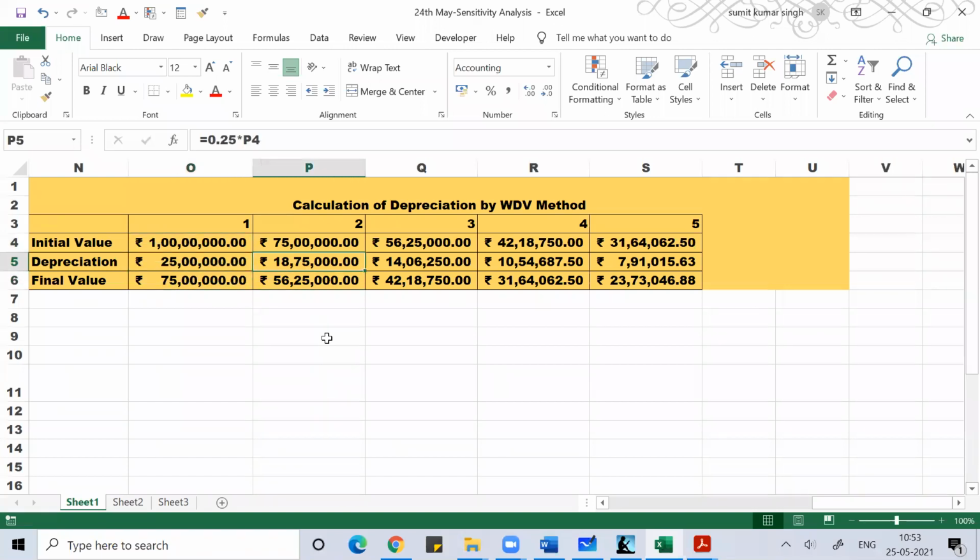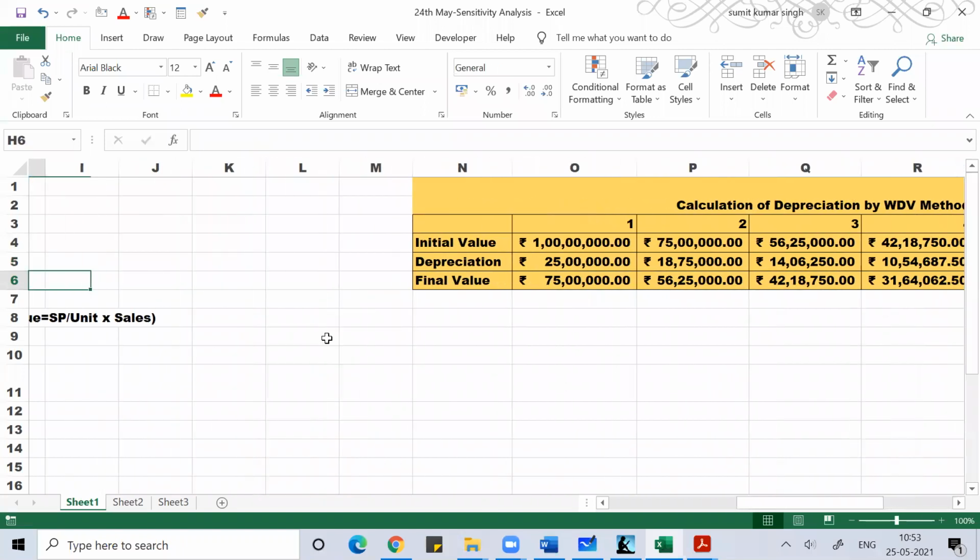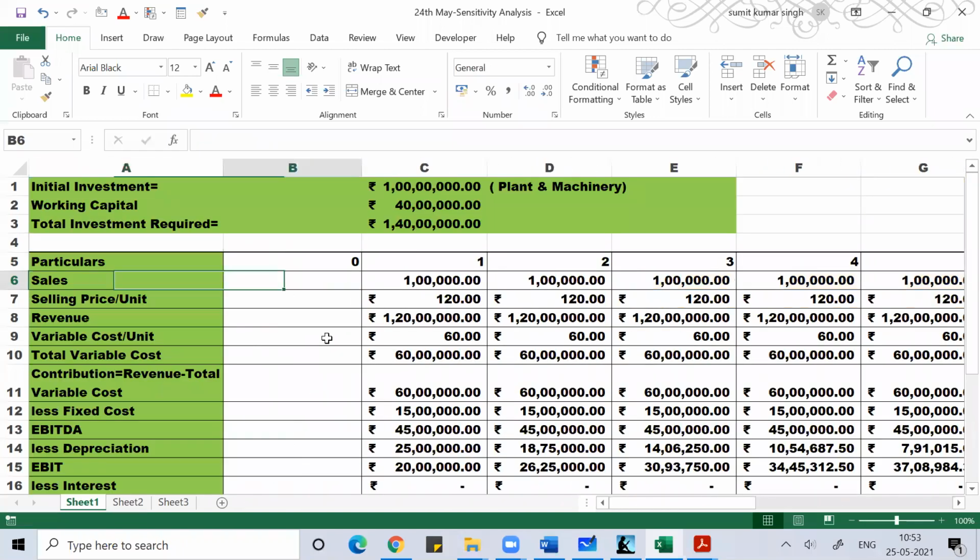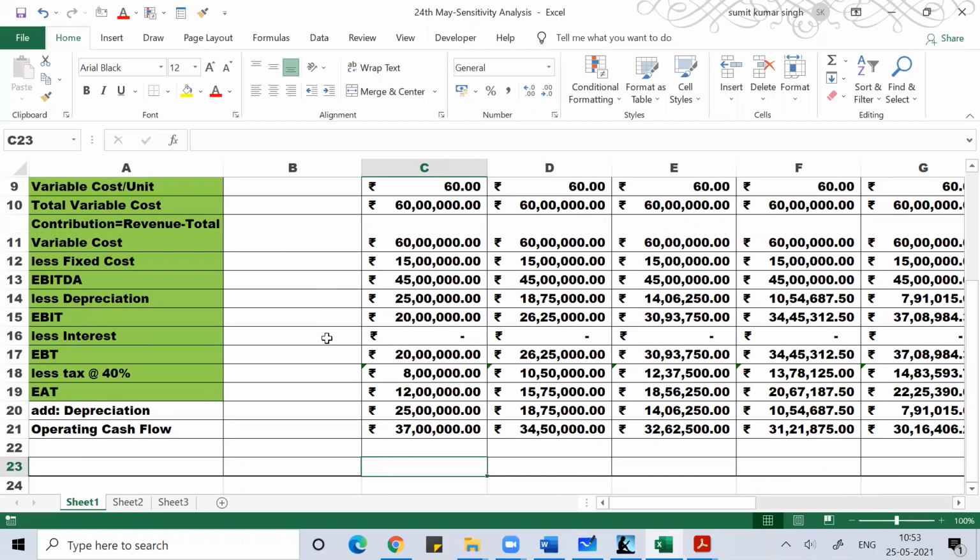So over 5 years we did that adjustment, and finally 23 lakh rupees is the terminal value you get from the adjustment of depreciation, or you can call it the book value or salvage value. That adjustment we'll do later on. So I hope you understand.